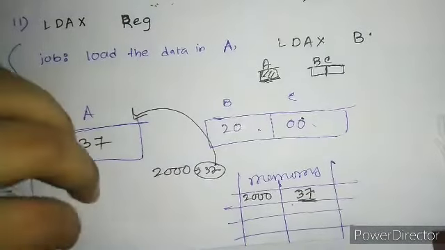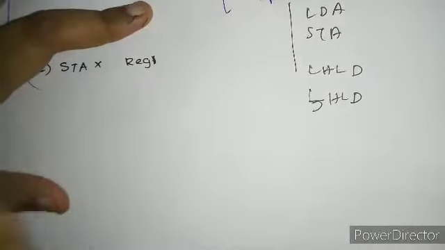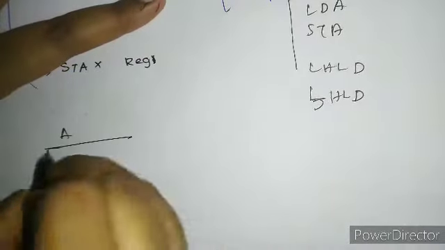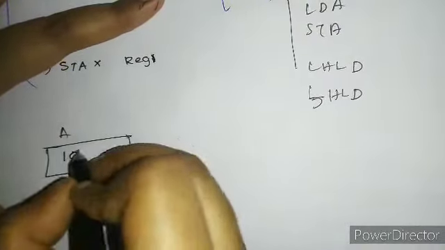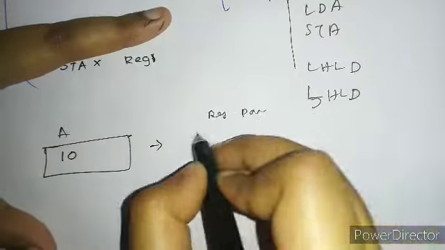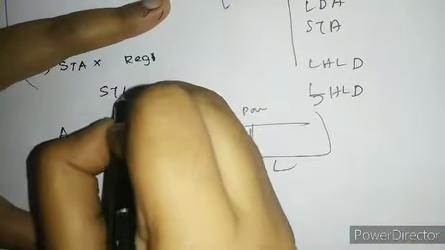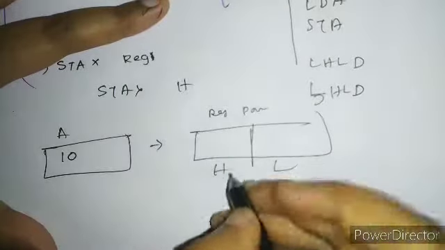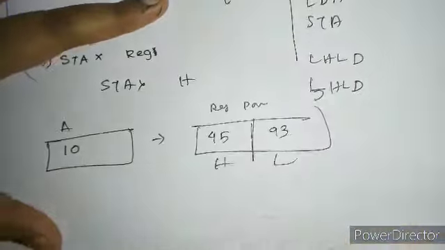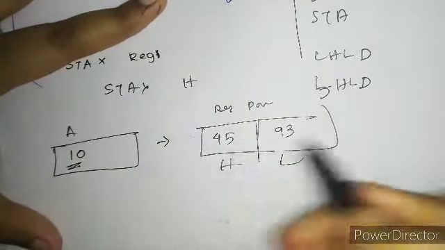Clear? Next instruction is STAX register pair. This is the opposite, obviously. So A has, let's say, 10, and we have to put this data in a register pair. Let's say HL, STAX H. In HL, there is something like 4593.